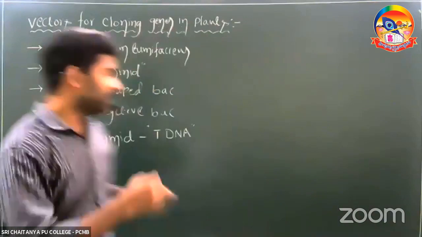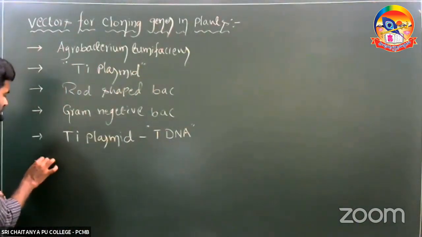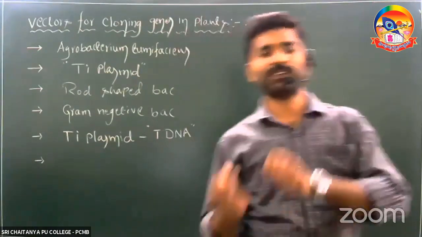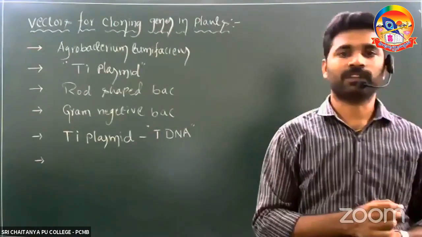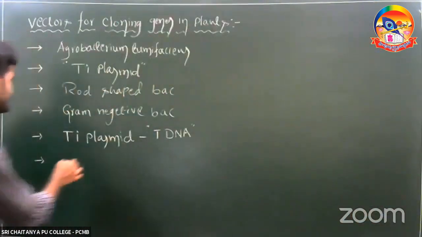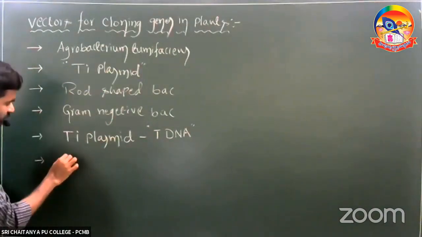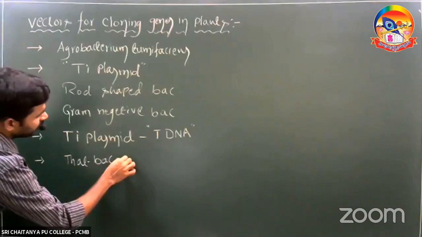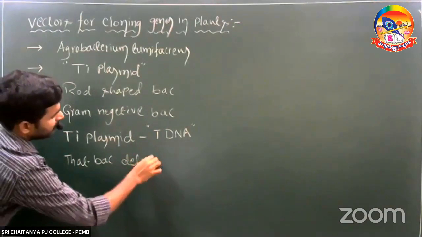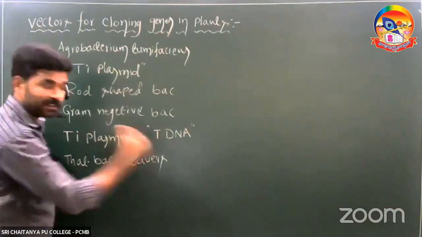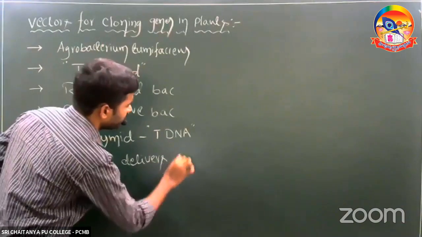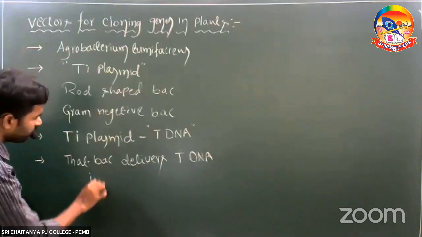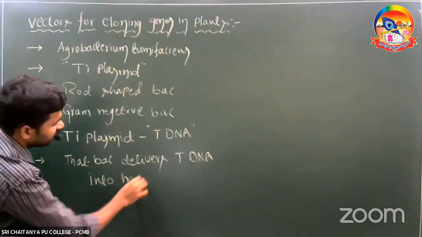Whenever tDNA enters into the plant cell cytoplasm, slowly it turns a normal cell into a cancer cell. Whenever the bacteria delivers, it transfers tDNA into a healthy plant cell.